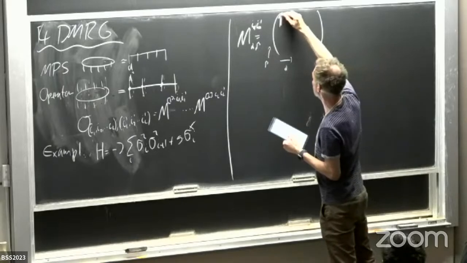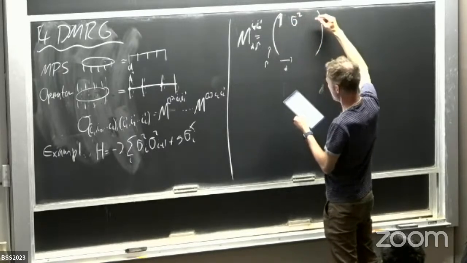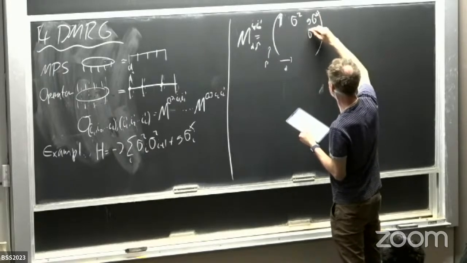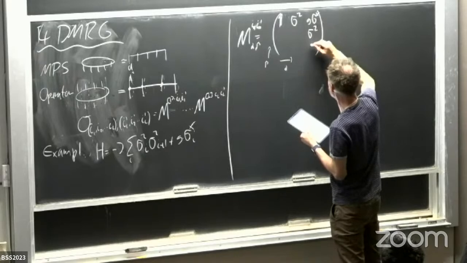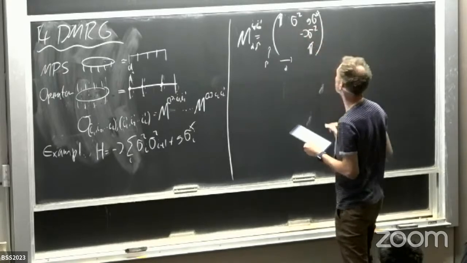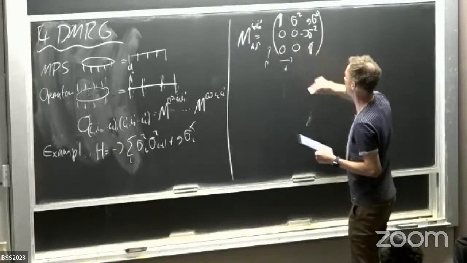So I put here an identity, then I put here sigma z. Here I put G times sigma x. Here I put sigma z, and here I put a 1, and here I have minus J. And all the other entries are just zeros.